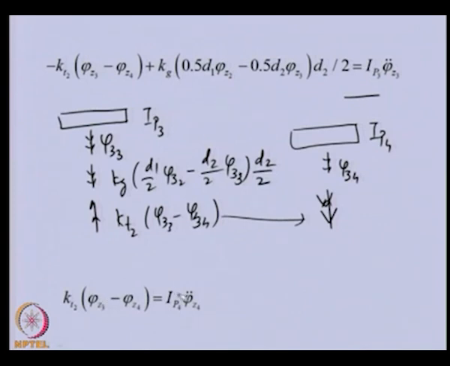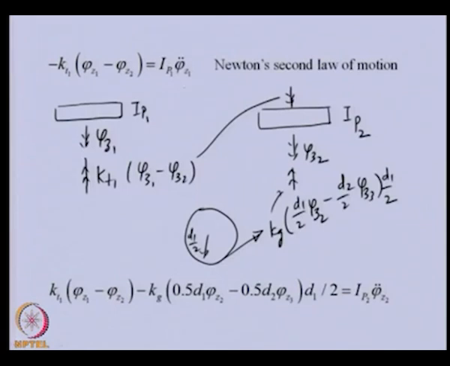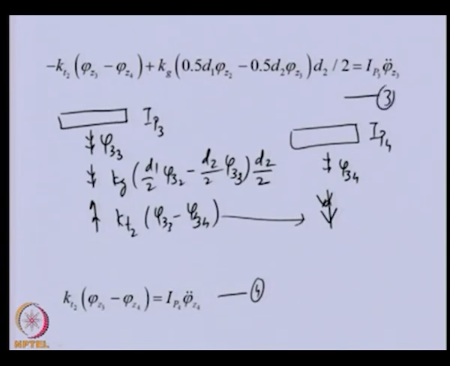So, this is the torque equilibrium of this particular flywheel. This is the fourth equation. So, the first, second, third and fourth equations are the governing equations of this whole system.